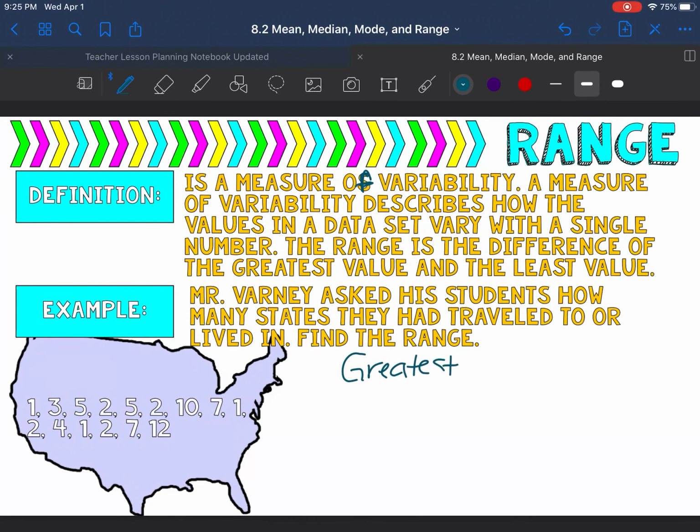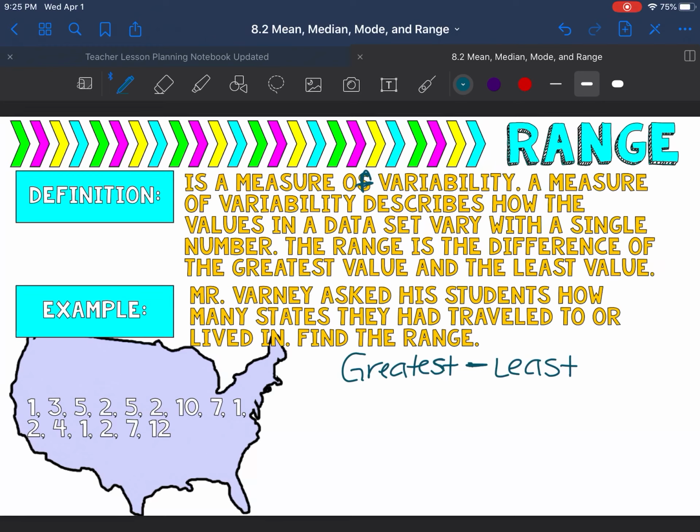And what does difference mean again? It means to subtract. So we're going to subtract the least value from the greatest value. So what that means is we want our biggest number, and we're going to subtract our smallest number from our biggest.